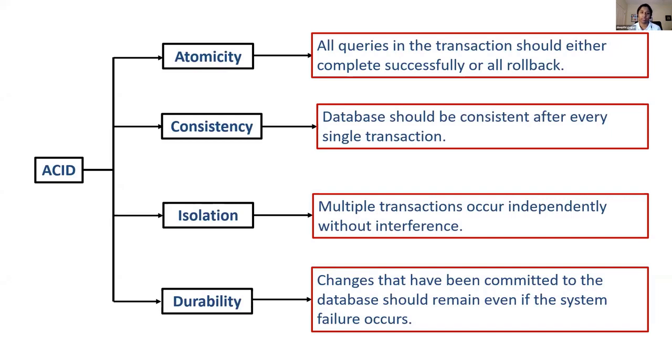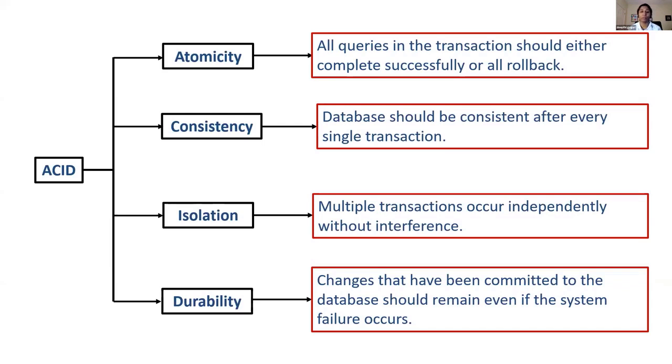So that is consistency. I stands for isolation. No matter how many concurrent transactions happen at the same time, each transaction should be independent of the others and should not interfere with any other transaction. For example, if I'm doing a modification statement in one transaction, no other modification statement or any other statement should interfere with my transaction. So that is isolation.